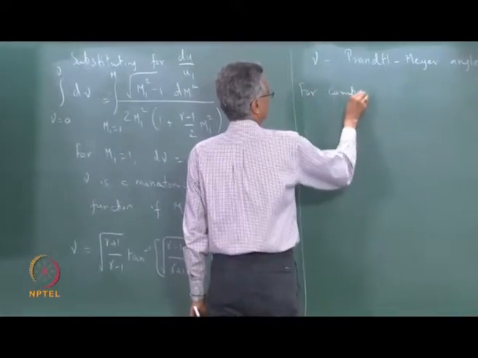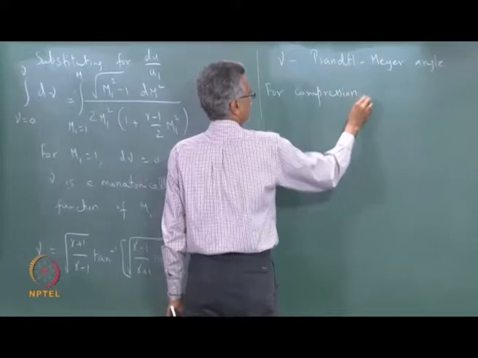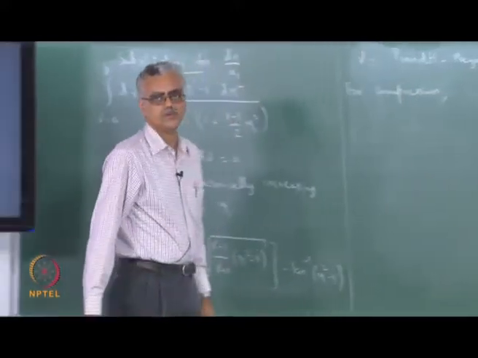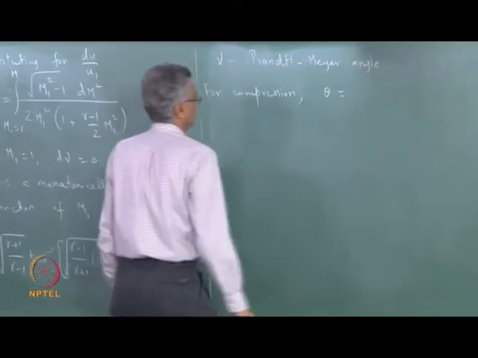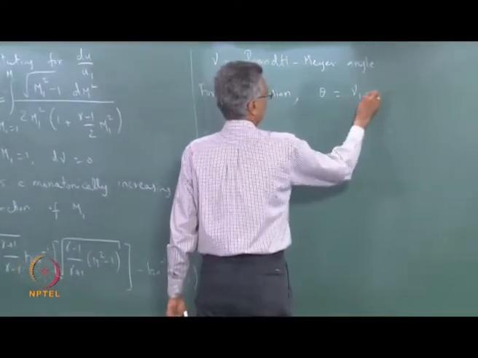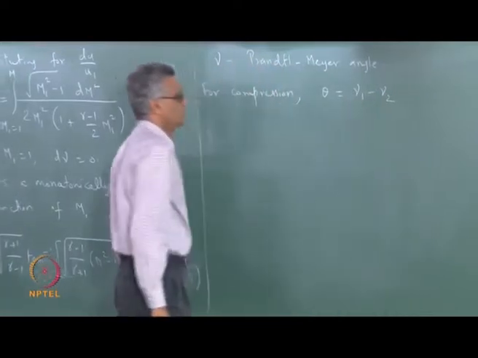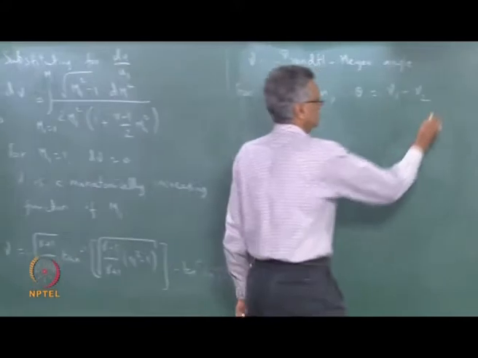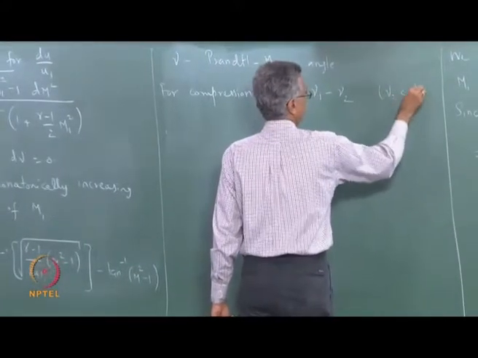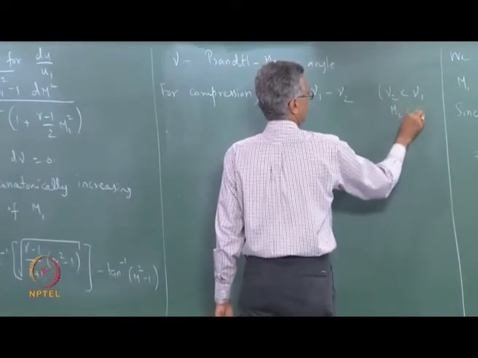So for a compression process, we have to write the flow turning angle theta is equal to nu1 minus nu2, because nu2 decreases. It is a compression process, M2 decreases, so nu1 minus nu2. So let me write it like this, nu2 less than nu1 because M2 is less than M1.